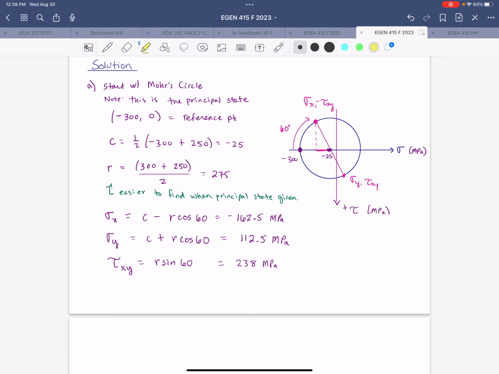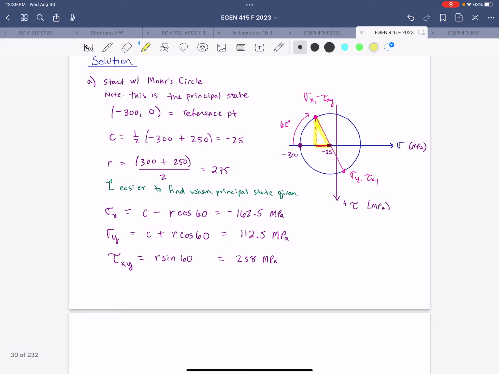So really, once you have Mohr's circle set up, all you really need is your reference point, the center, and you need to know the radius. And then for any point of interest, you can just use geometry to calculate what you need to know, right? Now, what about the direction of that shear stress?